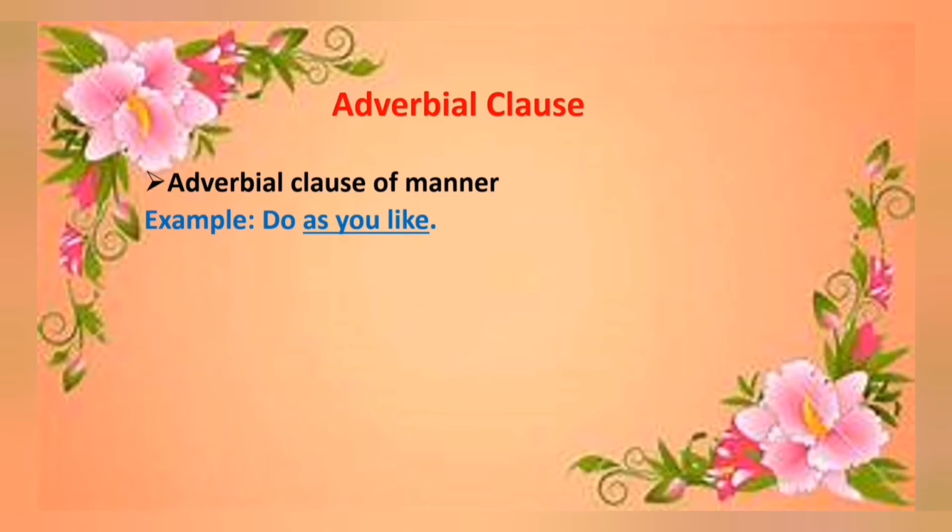Adverbial clause of manner. An adverbial clause of manner tells how the action of the principal clause is done. For example, do as you like. As you like is the adverbial clause of manner.